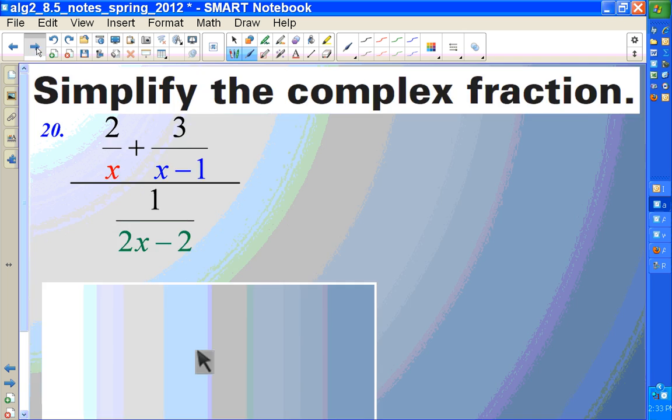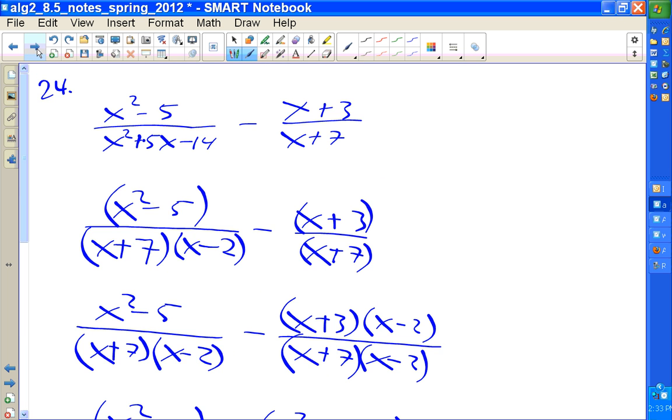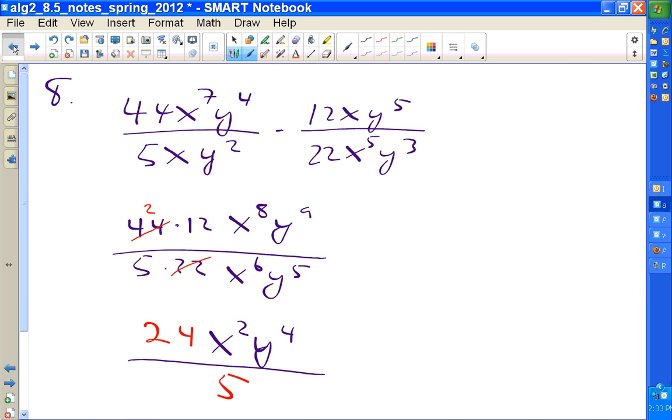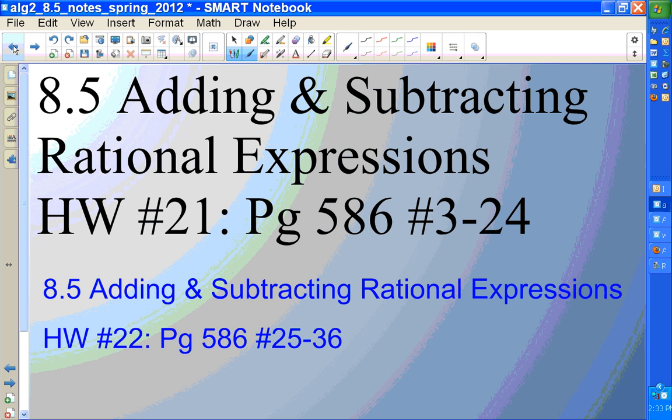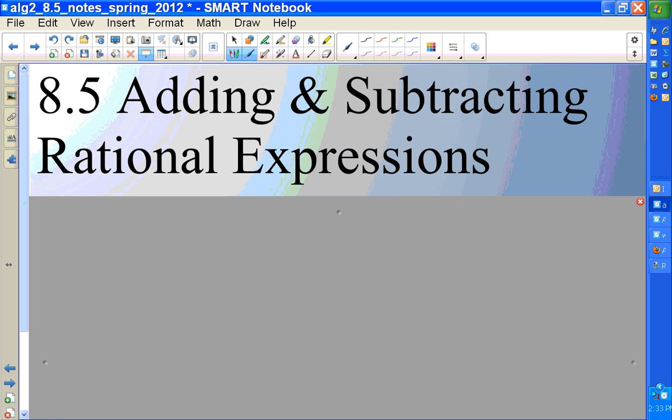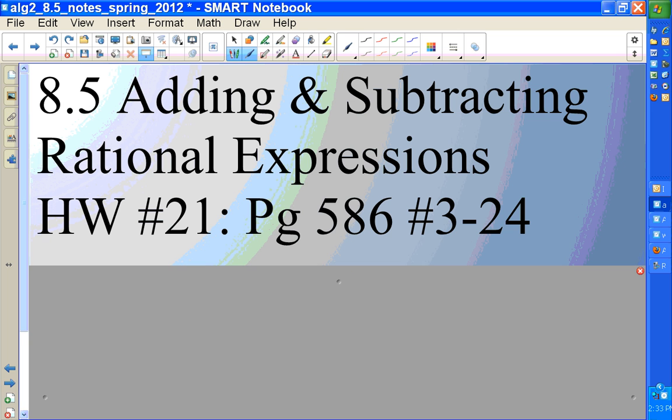But tonight you have just this part of the assignment, on the top, just through 24.